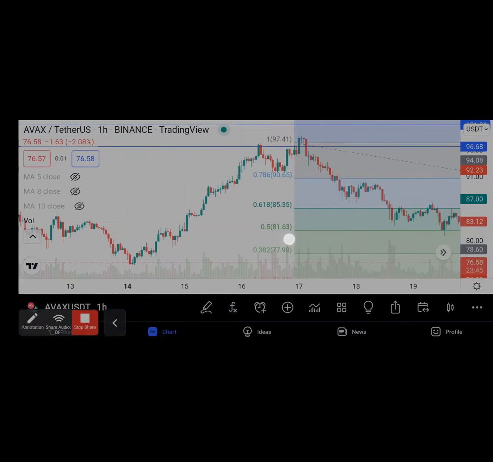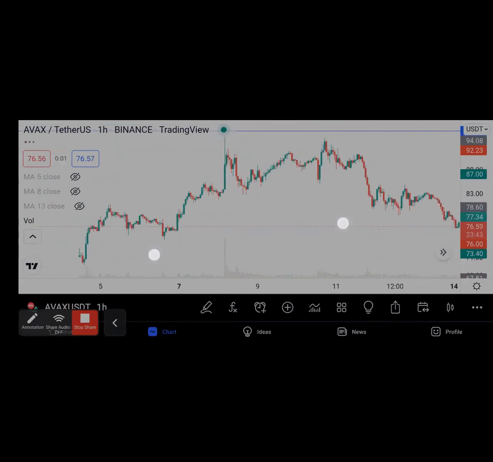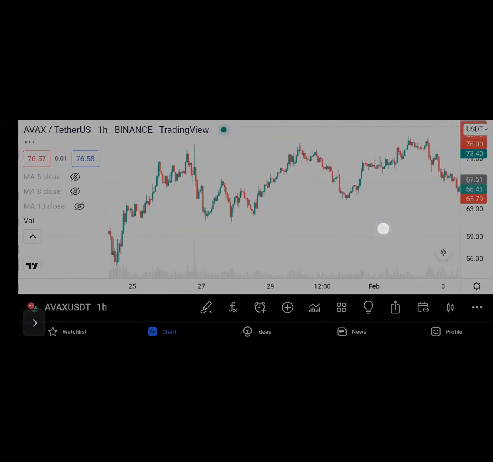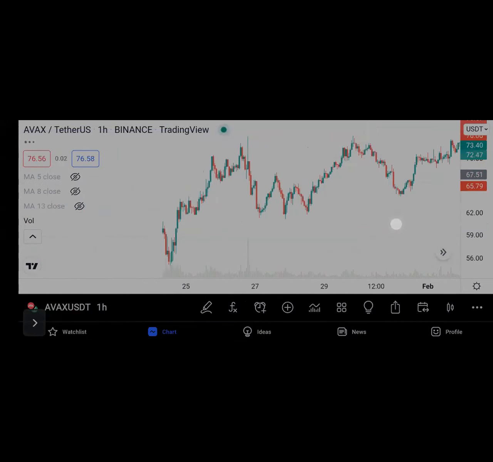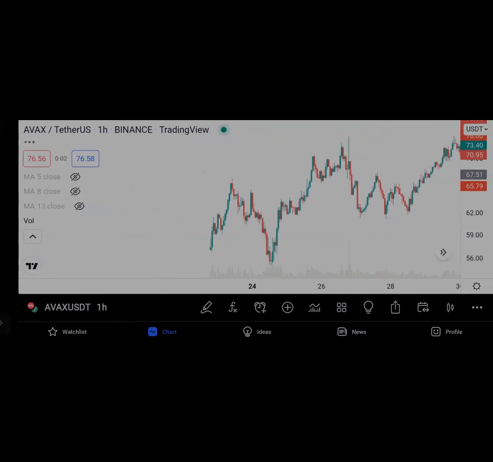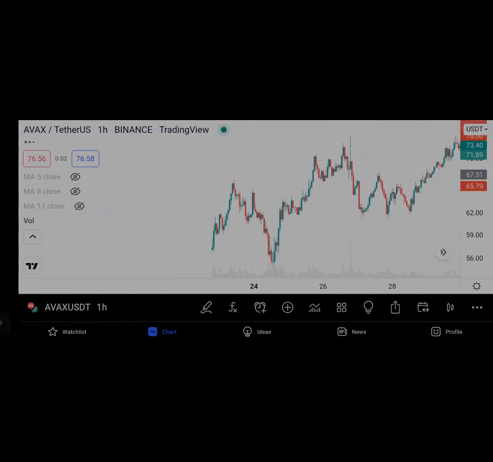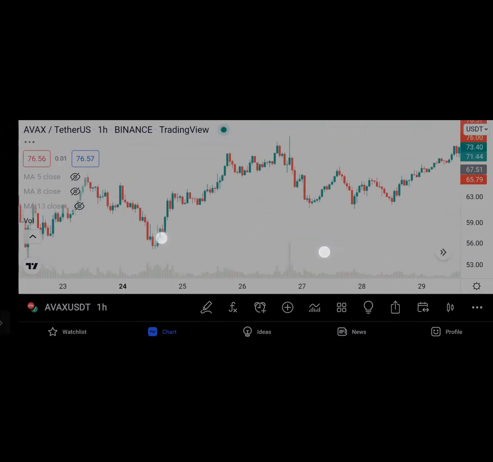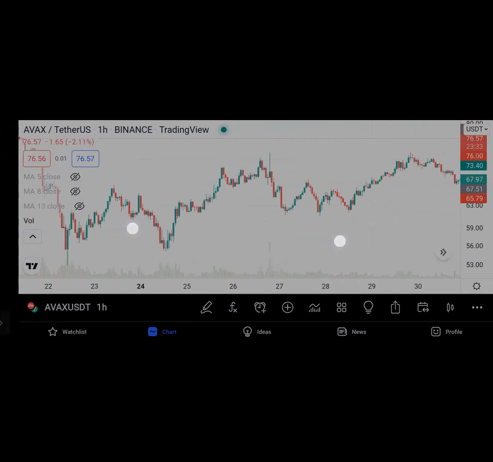Let's see if we can find another one. All right, I think I see another one here. Clearly, I need a clearer one for illustration.